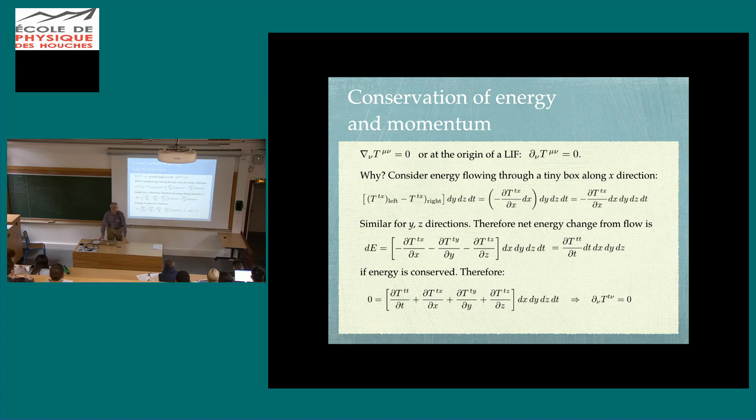So this is about conservation of energy and momentum. And I've written it this way in a locally inertial frame, but if that tensor equation is true in a locally inertial frame, then the equivalent tensor expression has got to be true in an arbitrary coordinate system and arbitrary reference frame. So this is the ultimate tensor expression of the idea of conservation of energy and momentum.